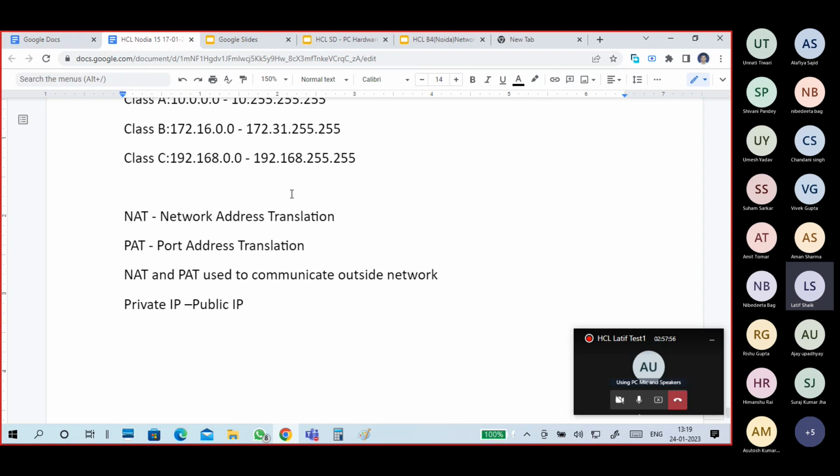Inside you have a private IP, and outside we communicate with our public IP address.